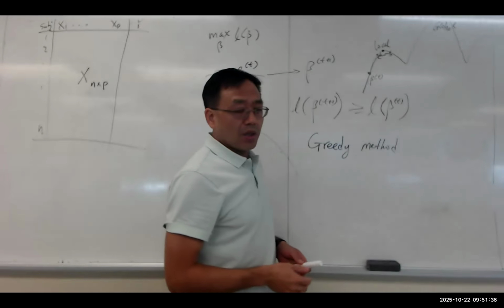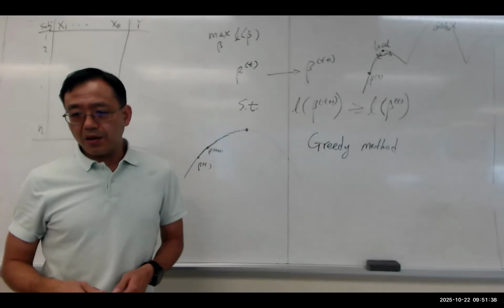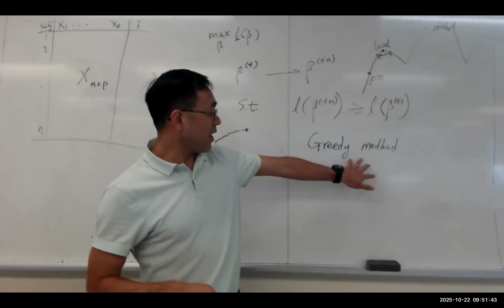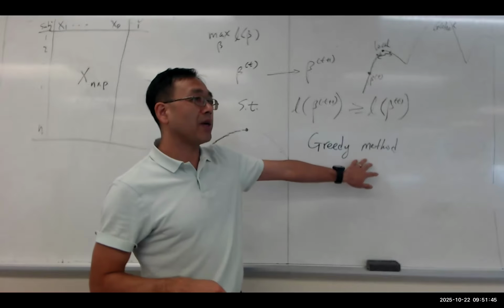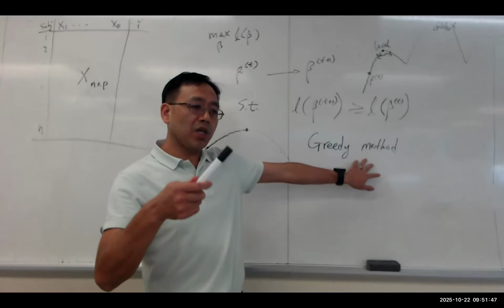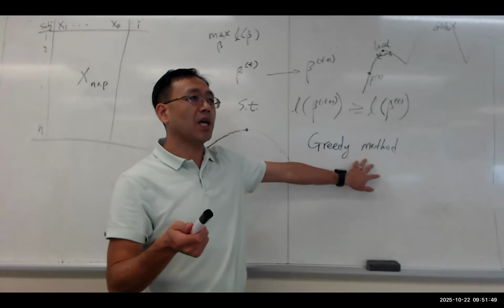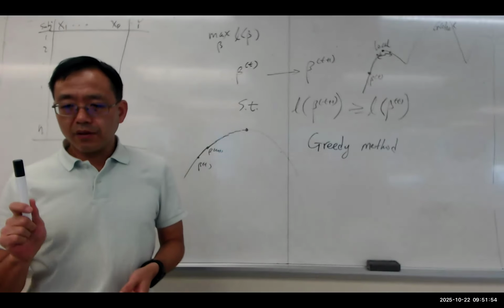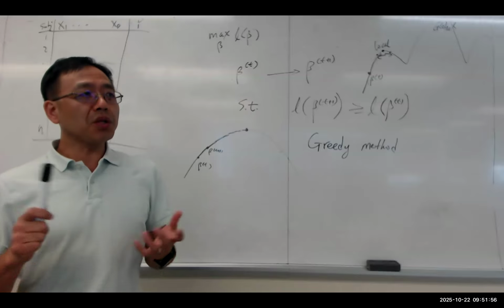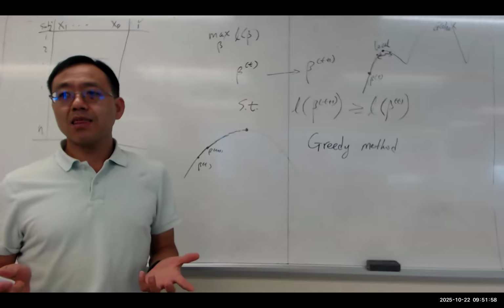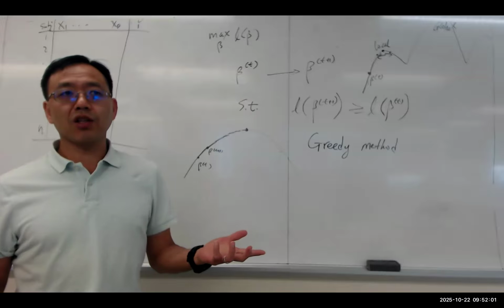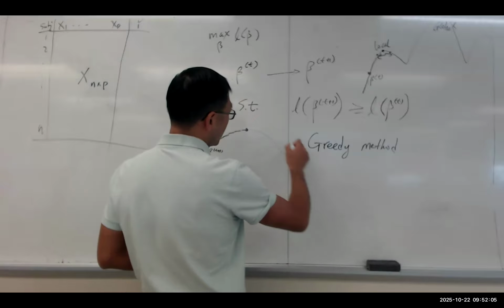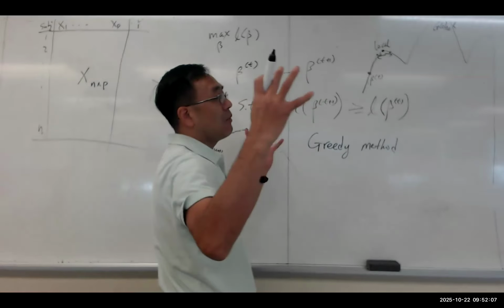So for the Newton-Raphson method, I want you guys to remember this at the very beginning. This method is a greedy method, and the maximum is a local maximum. Now, if your target function is unimodal, then this setting is perfect, because unimodal basically means you only have one maximum point.